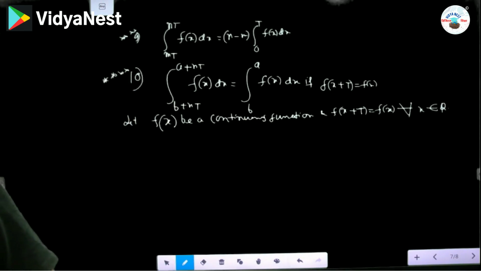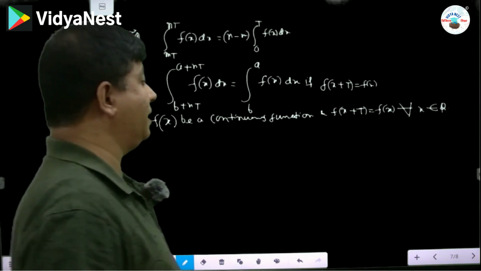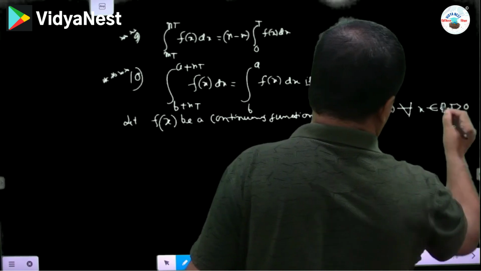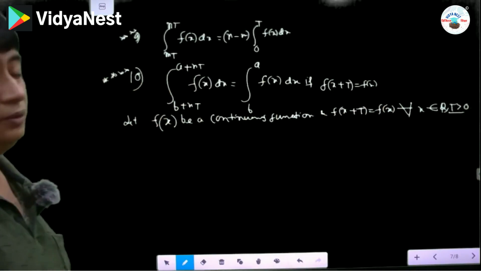X belongs to real numbers, and T obviously, a granted condition, T greater than 0.